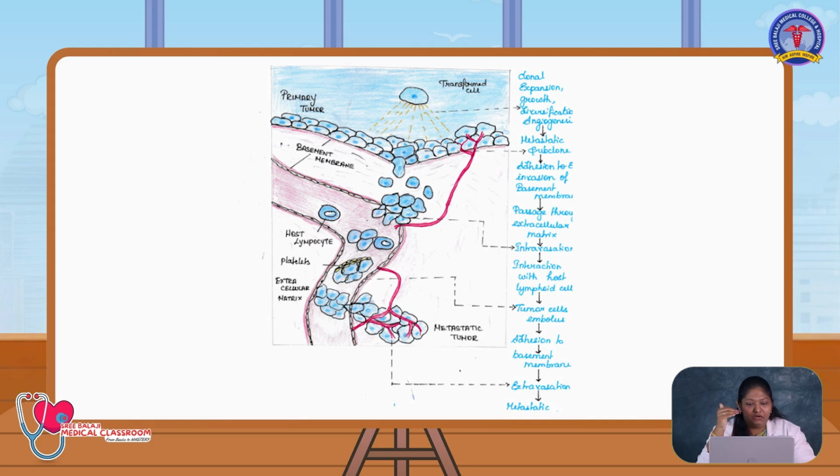In that, the classification and the differentiation, 5 major points: the rate of proliferation of both benign and malignant, clinical features of benign and malignant, gross of benign and malignant, microscopy of benign and malignant, where the single term to be remembered is anaplasia. Then is the spread through 3 types, that is lymphatic, hematogenous and transcoelomic. This spread is called metastasis, for which 8 cardinal features are to be remembered for the secondary deposits.